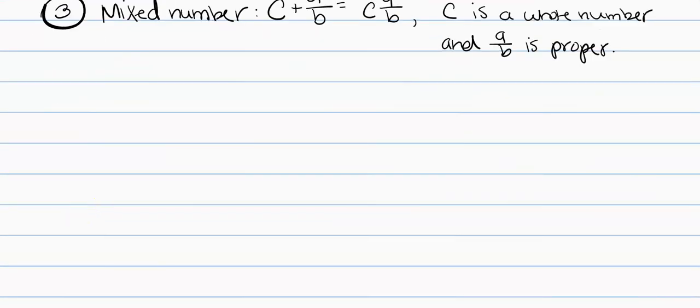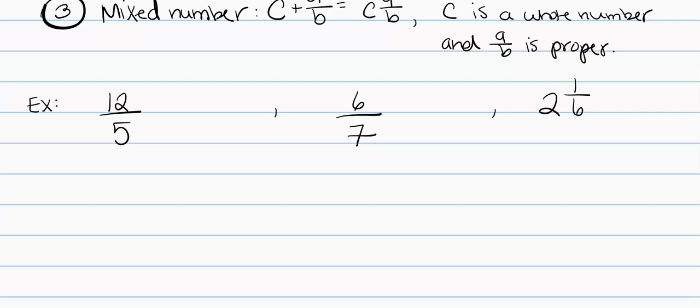So let's do an example. We're going to first go over identifying what type of fraction each of these is. Say we have, for example, 12/5, 6/7, and 2 and 1/6.